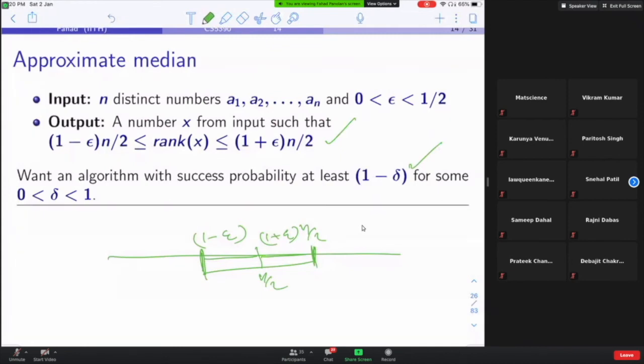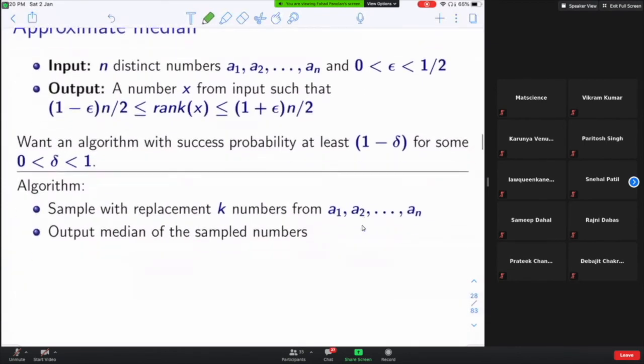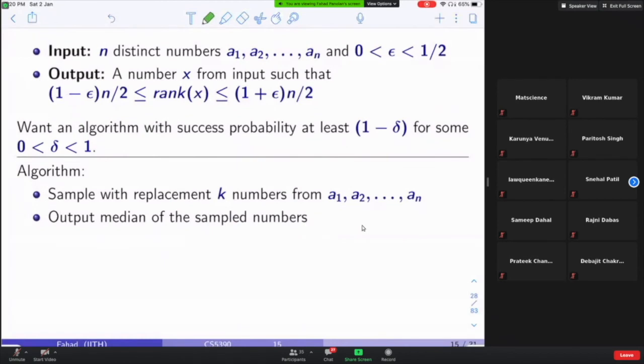So you don't want to pick order n elements in your random sample. That kills the purpose. So k we will fix later. k is a constant that depends on epsilon and delta. You can see epsilon and delta mentioned in this slide.